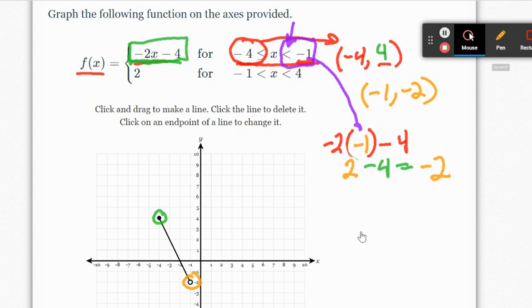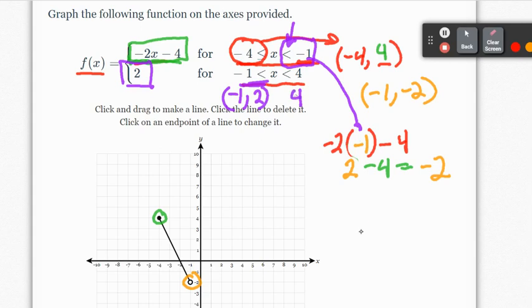Now I'm going to do the same process, but it's a lot easier because there's nothing to plug into on the second interval. So the second interval is essentially two coordinates, -1 comma, the output is always 2, so -1, 2, and then 4 comma 2. So I'm going to take and graph a line from -1, 2 to 4, 2.